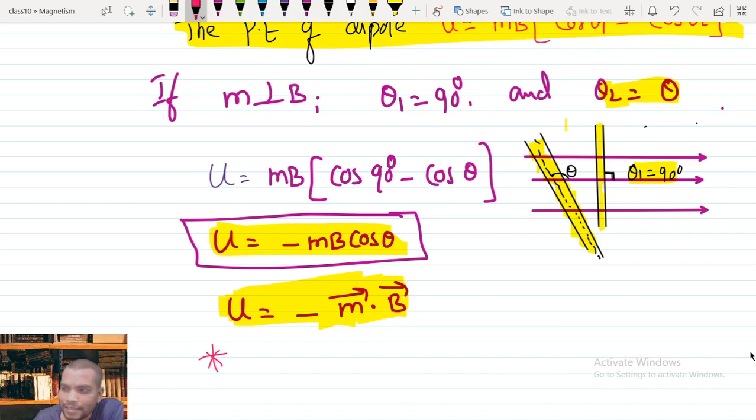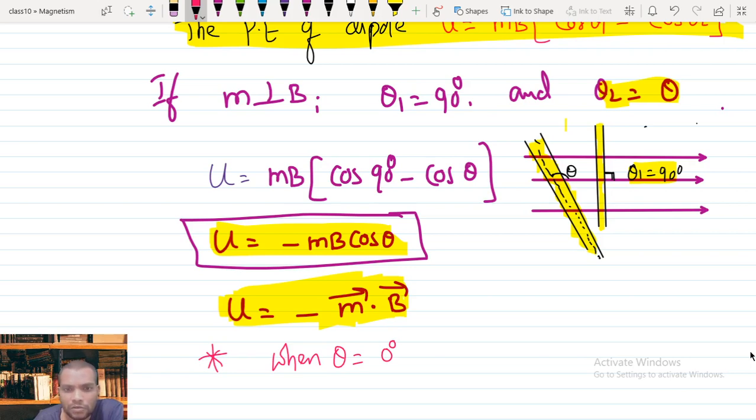Suppose you take a case, when theta equal to 0 degree. It means initially you are making a 90-degree angle between the magnetic dipole and the magnetic field. Now from 90 degrees you are rotating to 0 degree. So the magnetic dipole is parallel to the magnetic field.